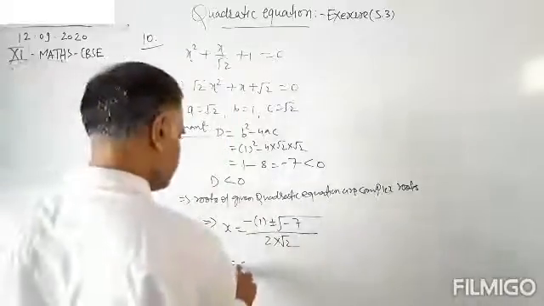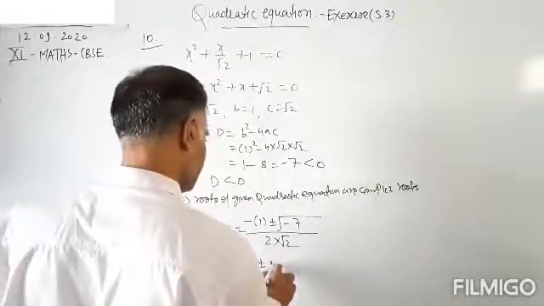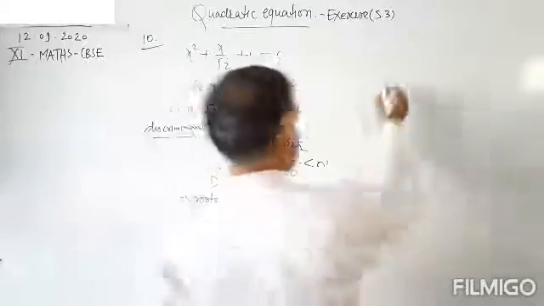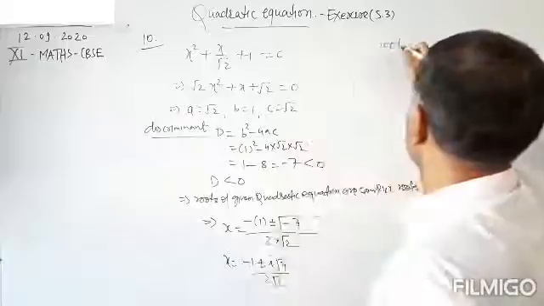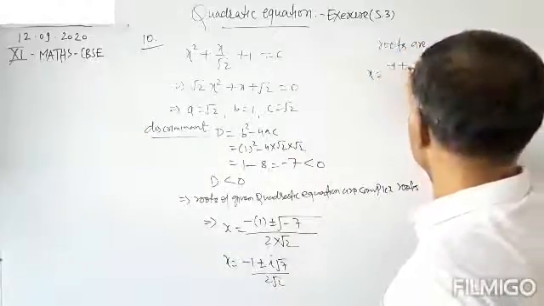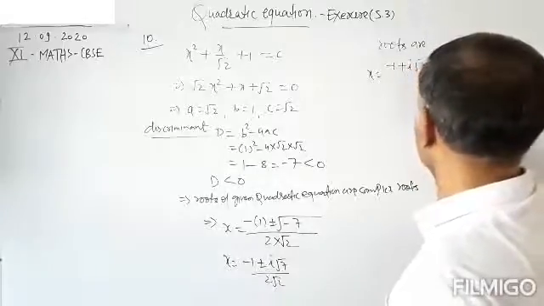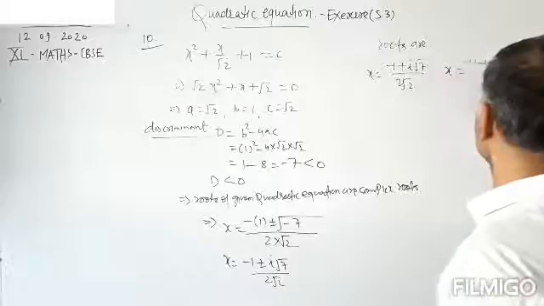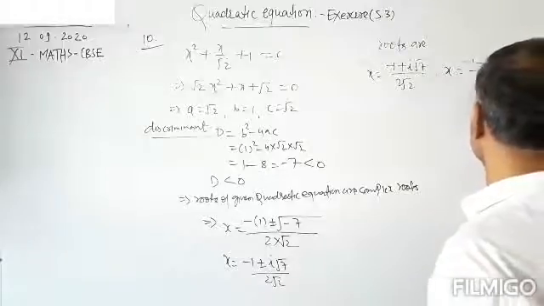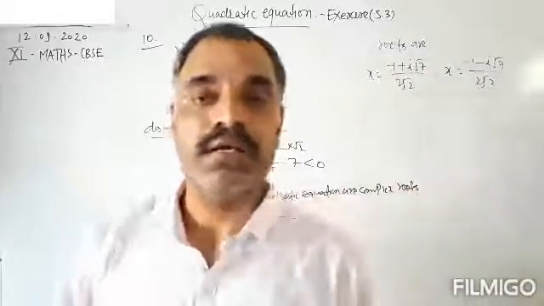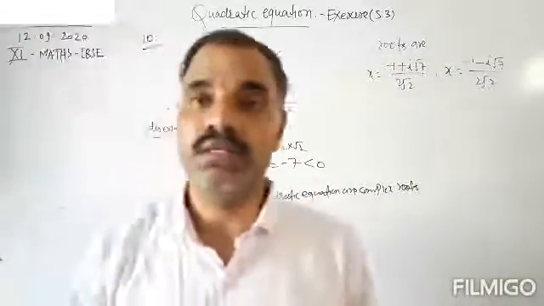So x = (−1 ± i√7) upon 2√2. So the roots are x = (−1 + i√7) upon 2√2 and x = (−1 − i√7) upon 2√2. Okay, so in this way we can find the roots of the given quadratic equation.